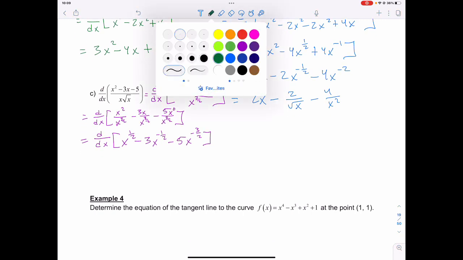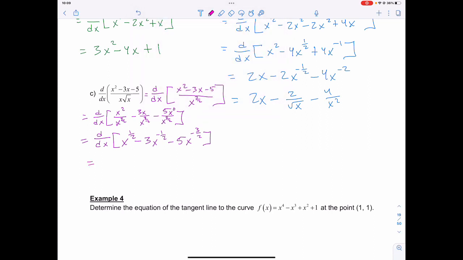When I do the differentiation, that's going to give me 1/2 x to the negative 1/2 minus 3 times negative 1/2 x to the negative 3/2 minus 5 times negative 3 over 2 x to the negative 5/2.